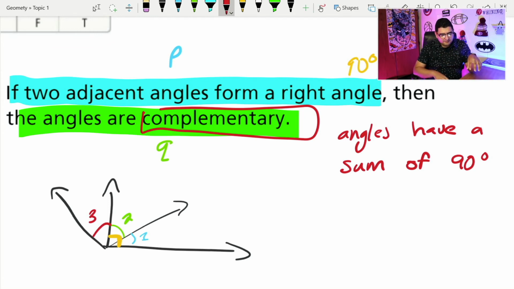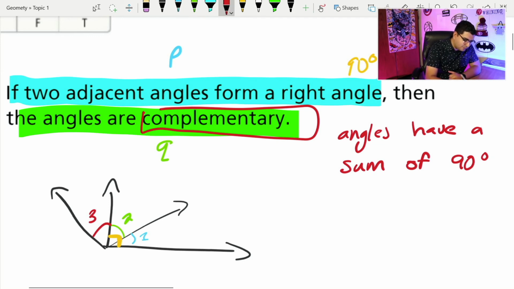So based off of these two statements, I use my logic to decide: adjacent angles that form a right angle are stuck together and form a 90-degree angle. As they're touching, they're forming 90 degrees. So if I were to take those two angles and add them together, I would get 90 degrees, which means that these two angles are in fact complementary.